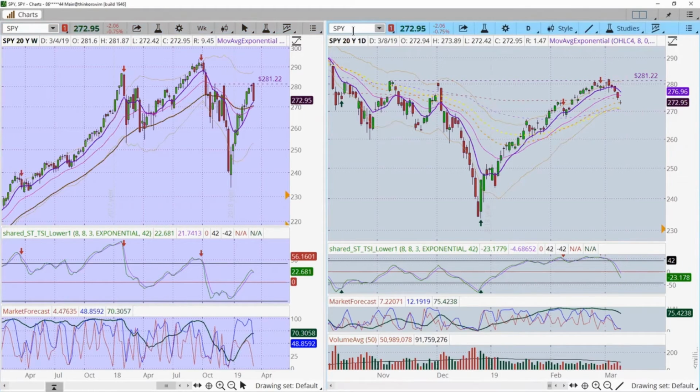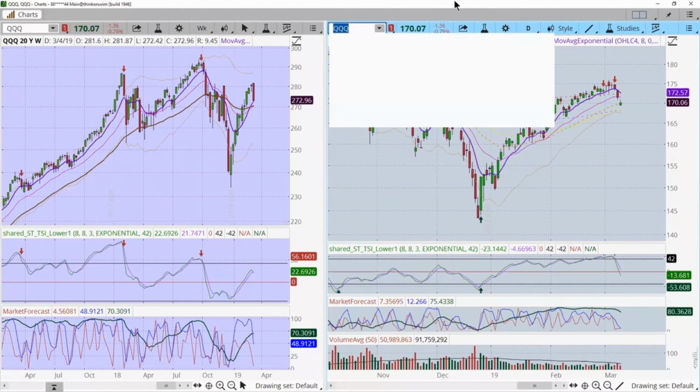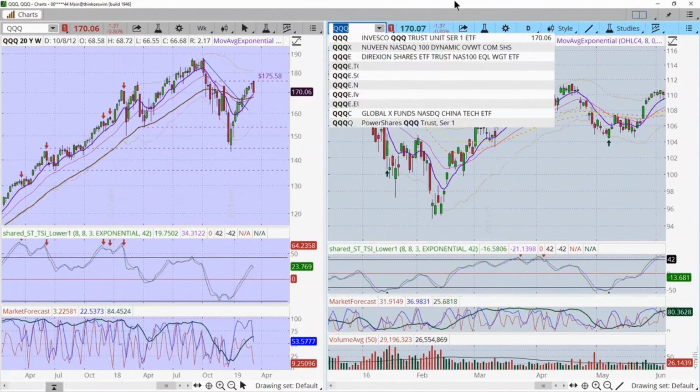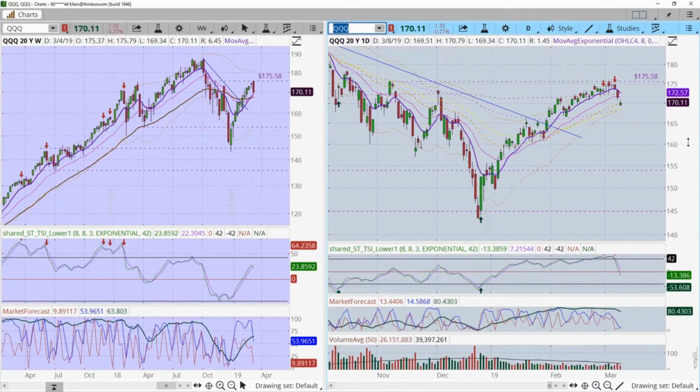Our buddy Q, the QQQs. I think we're going to see a similar type of pattern here, and the answer to that is yes, we are. As we see, we're basically pulling back into the moving average. The other thing that makes this pullback very significant is that it is much larger than the pullback here, or the pullback here.